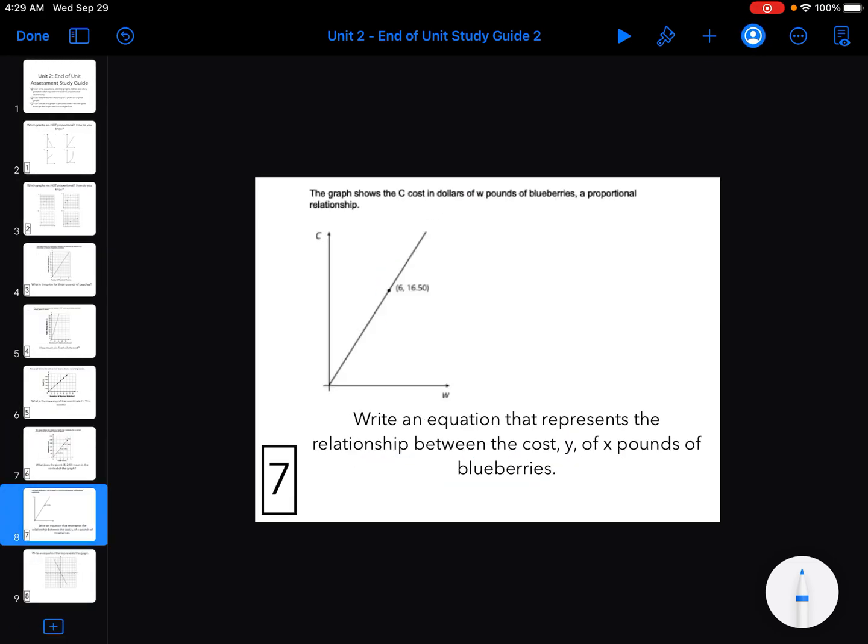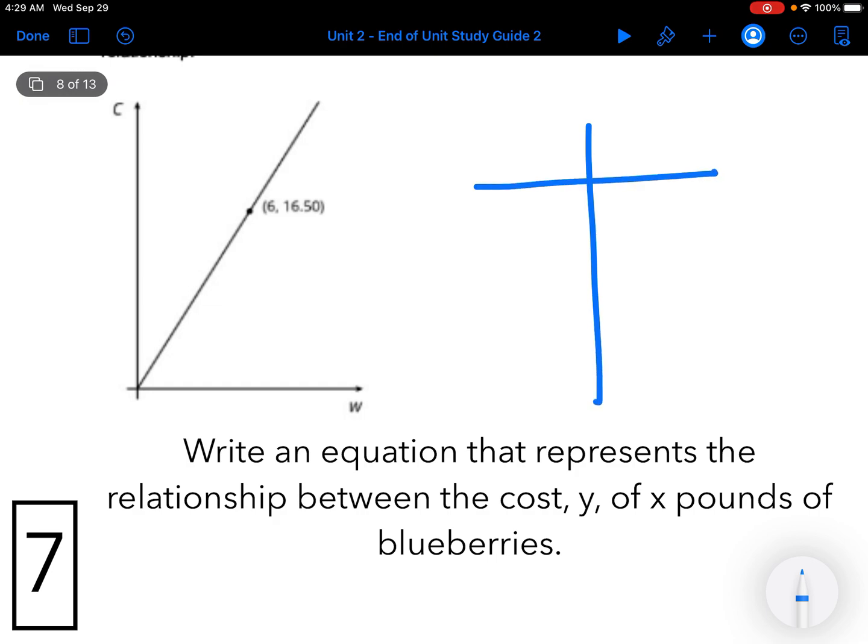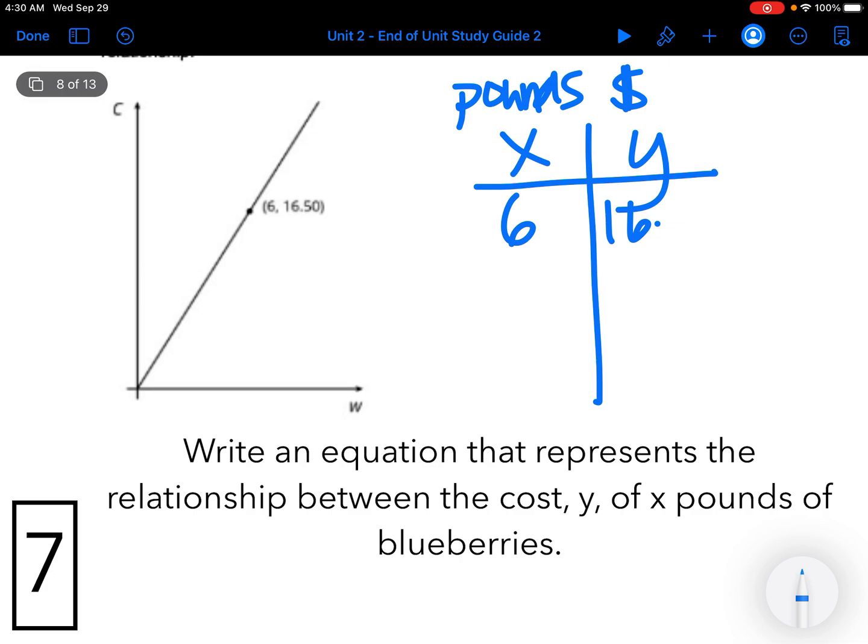All right, write an equation that represents the relationship between the cost and X pounds of blueberries. So I need to figure out the constant of proportionality, or the amount for 1.